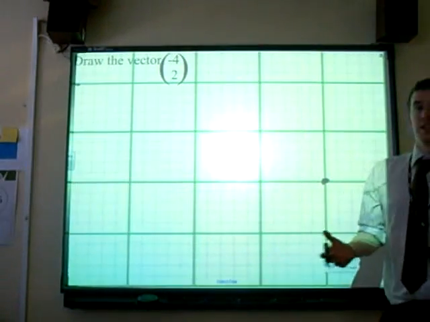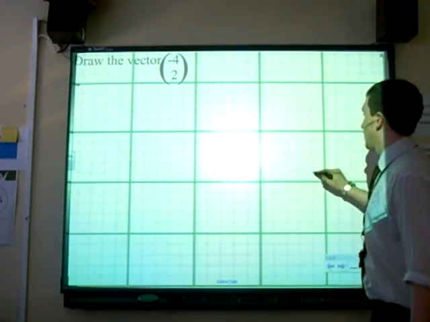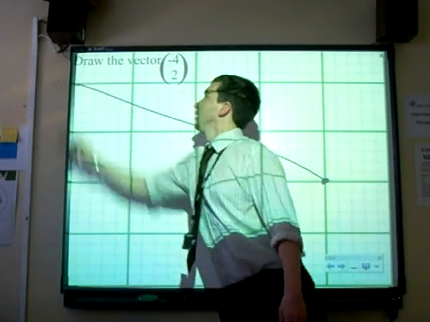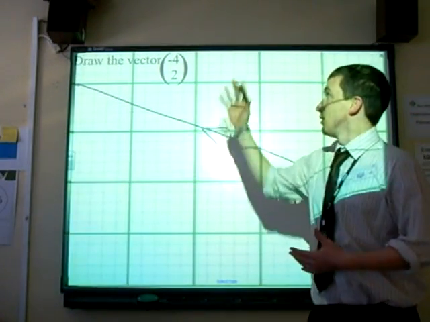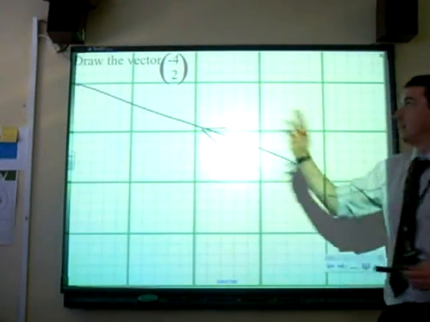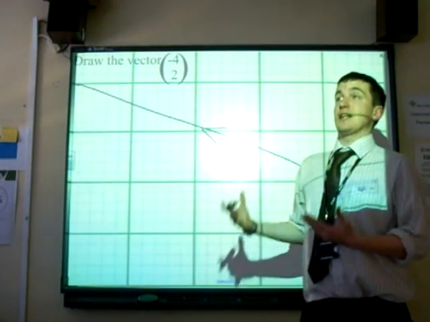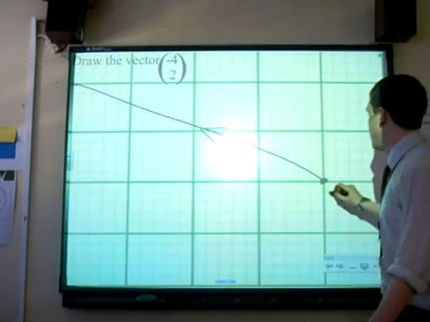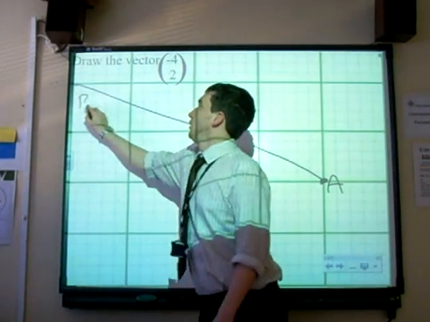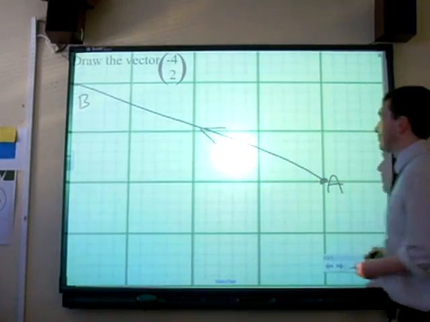So obviously you'd have a ruler, and I'm not going to waste time trying to find mine on the board. And label your vector because it's got to go the way it's telling you. So we're going from there to there. Usually in the question it might give you letters to put in, like A, B for example, and then you just draw it on some graph paper.